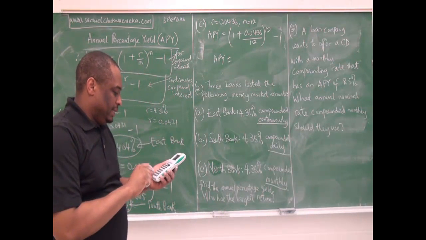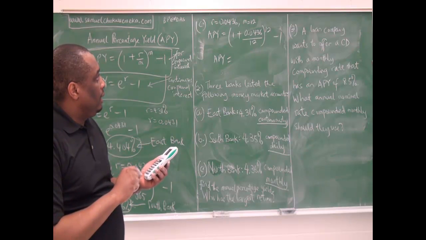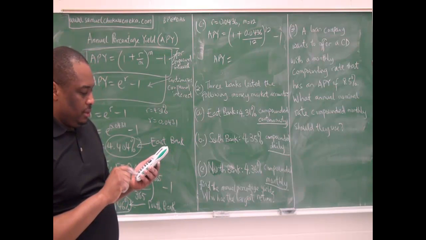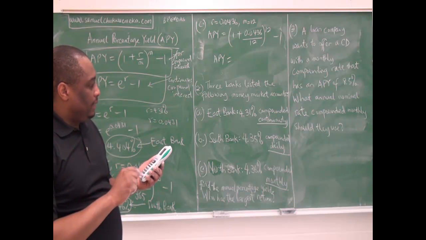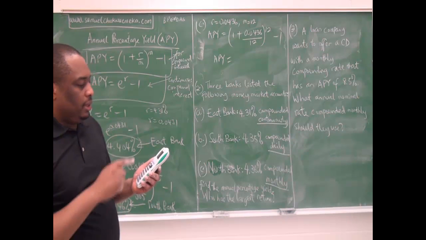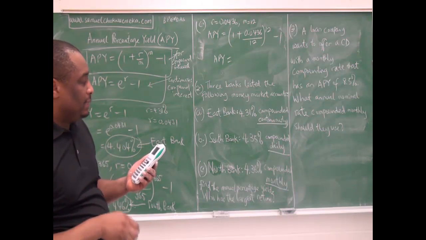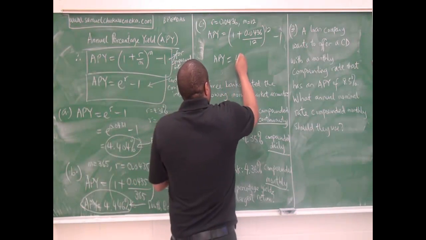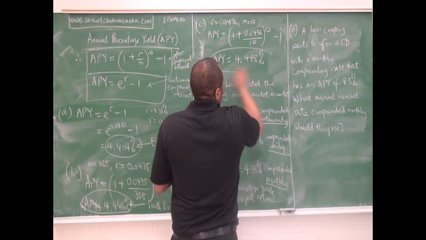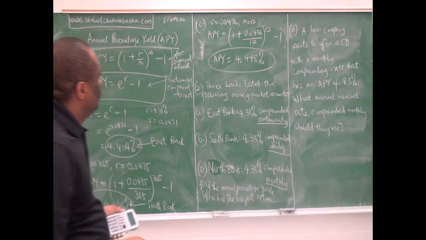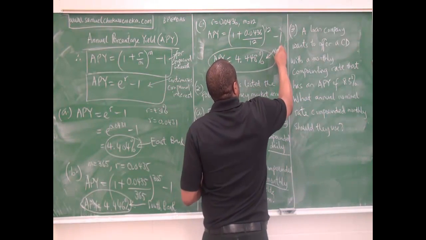You do 0.0436 divided by 12, it gives you that, then plus 1 gives you that, then raised to power 12 gives you that, then minus 1. Then you multiply by 100 and round to 3 decimal places. It gave me 4.448%, and this is the North Bank.